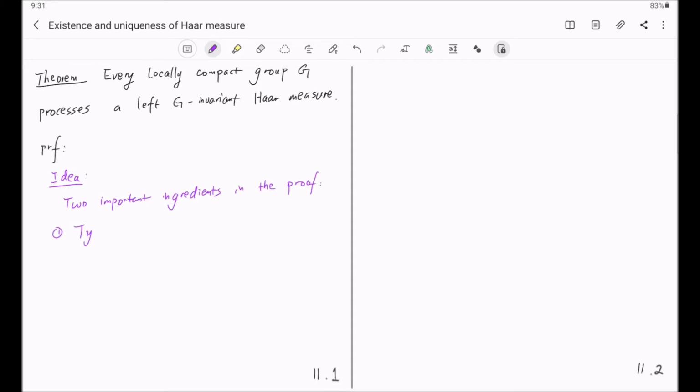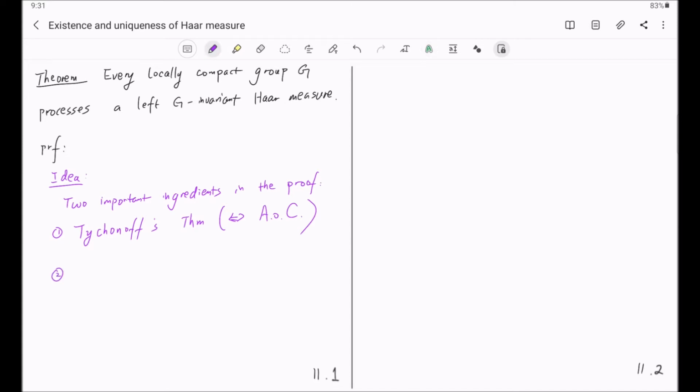First, the Tychonoff theorem, which states that any product of compact spaces is again a compact space. And remember, this is equivalent to the axiom of choice. So our proof here will depend on the axiom of choice.